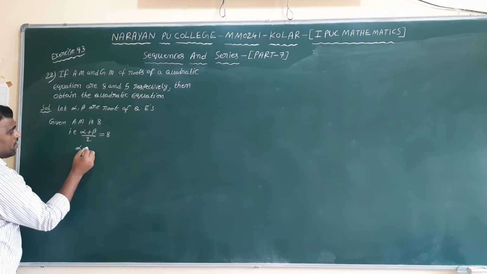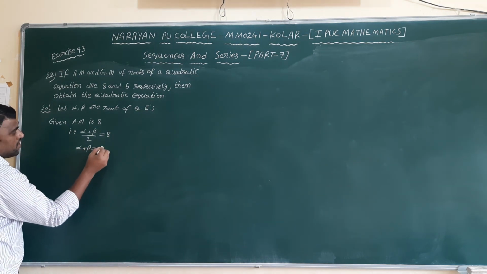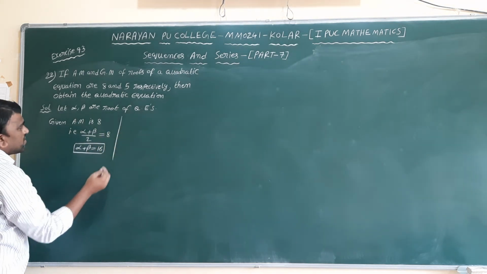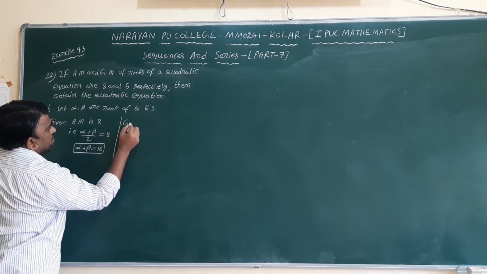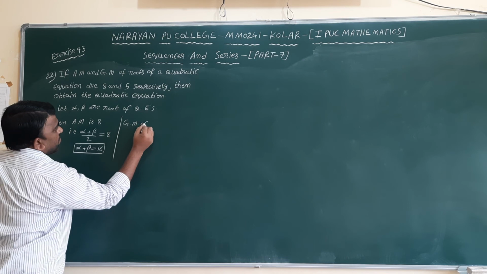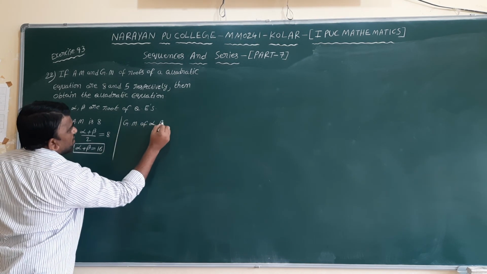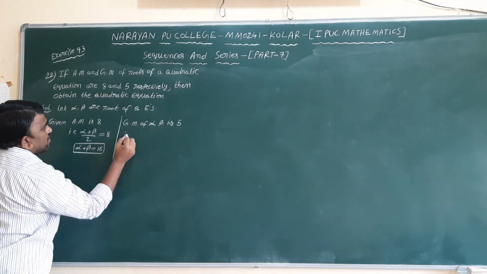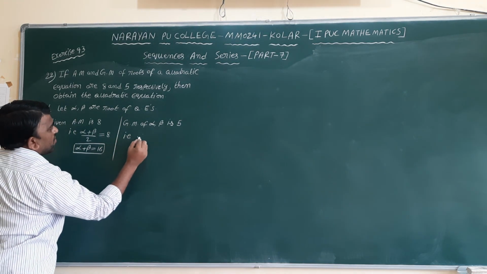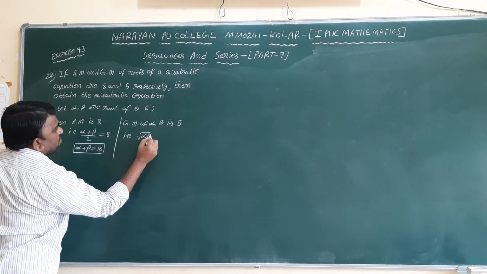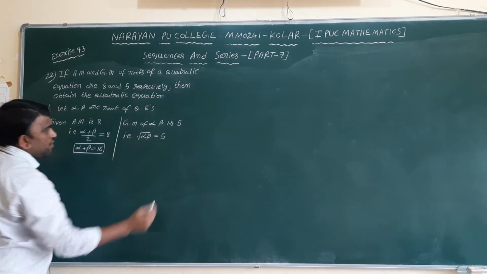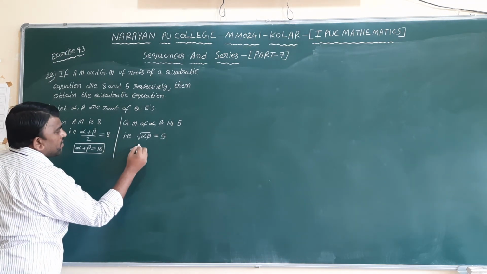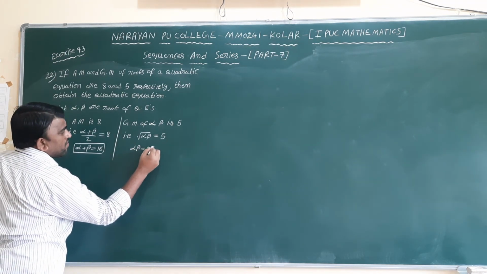Then alpha plus beta equal to 16. Summation we got. Next, GM of alpha and beta is 5, that is root alpha beta equal to 5. Geometric mean of a and b is root ab. So squaring on both sides, alpha beta equal to 25.